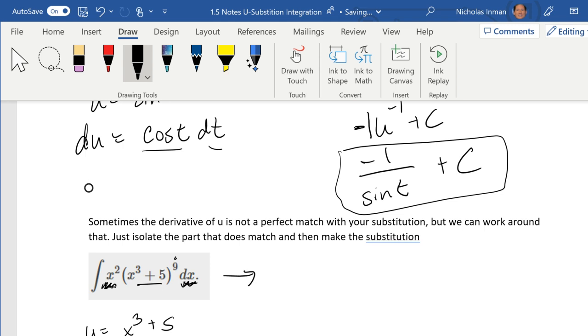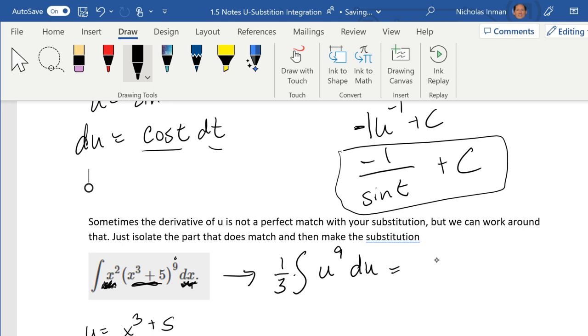So when we come here, we say, well, this stuff is our u to the 9th. That's what I liked. But the extras are not just equal to du, it's 1/3 du. So usually we can just put that 1/3 in the front, and then our du at the end. That is 1/3 times our integral, and we are okay. You can take a constant being multiplied and move it to the front.